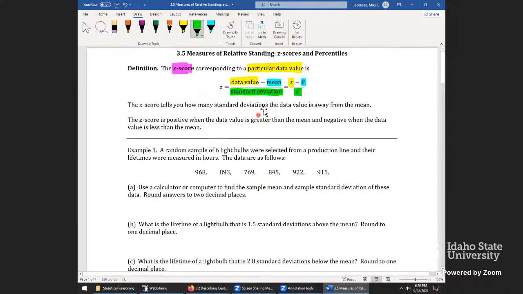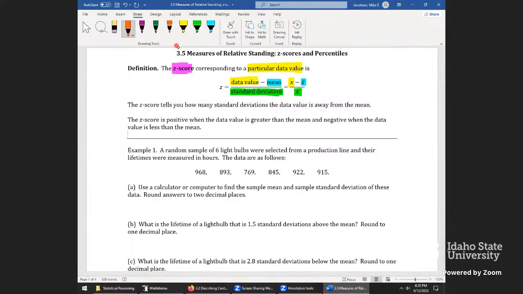So what does the z-score do? Well, it could be either positive or negative. If it comes out as positive, then your data value in question is going to be to the right of the mean. If it's negative, the data value is going to be to the left of the mean. And if we look at the formula here, because you're dividing by S, the unit of this is number of standard deviations.